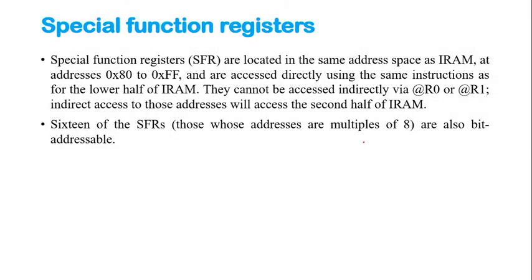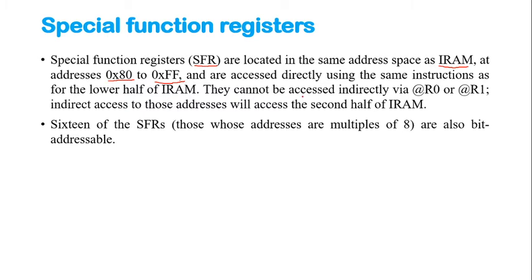Then the special function registers, or SFR, are located in the same address space as IRAM at addresses 0x80 to 0xFF, and are accessed directly using the same instructions as for the lower half of the IRAM.